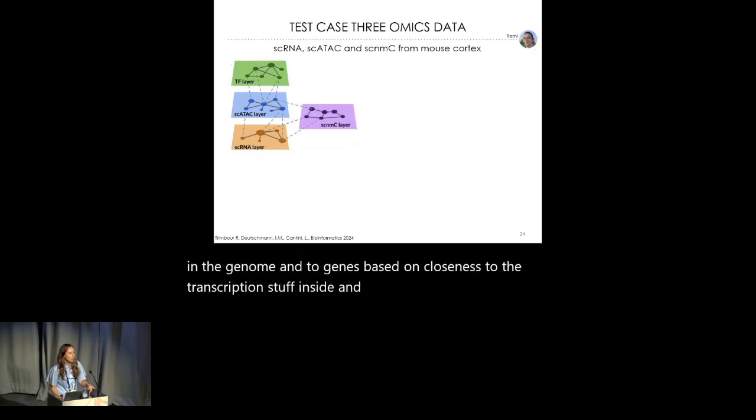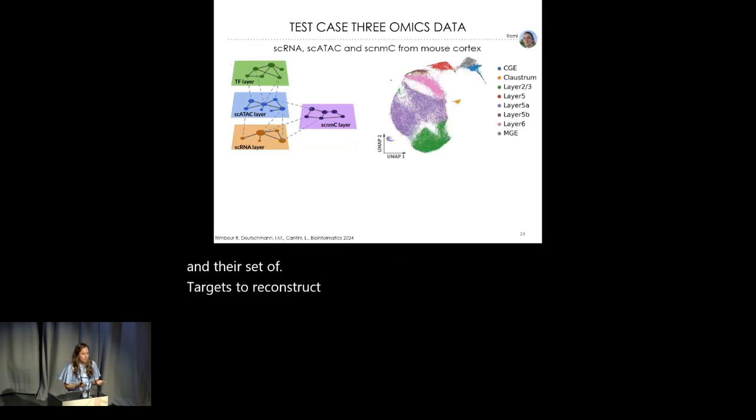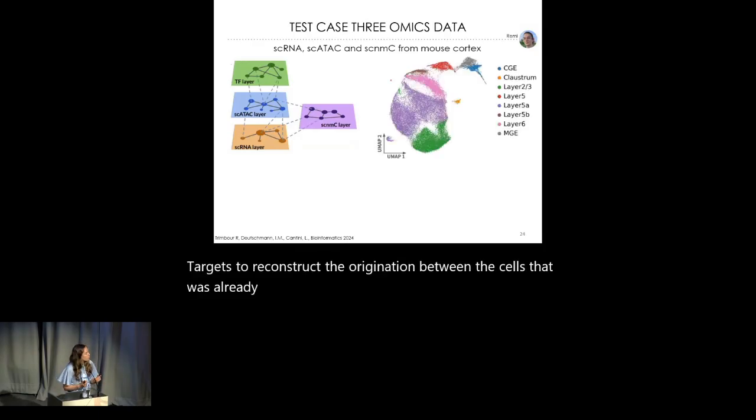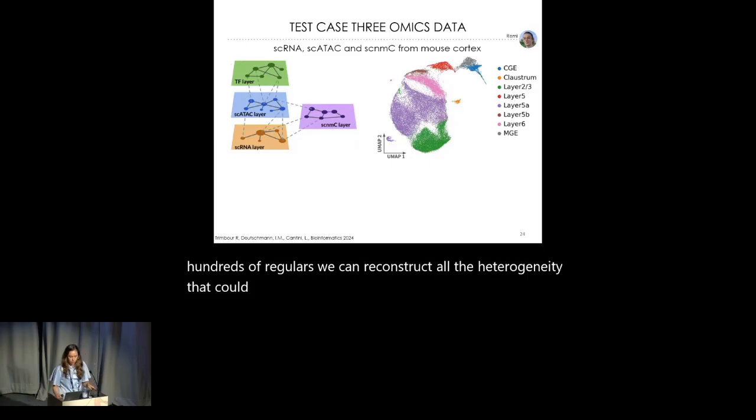And then we use the regulons obtained by this network, meaning the transcription factors and their sets of predicted targets, to reconstruct the heterogeneity between the cells that was already observed at single-cell resolution. So using hundreds of regulons, we can reconstruct all the heterogeneity that could be observed from the use of 20,000 genes in normal single-cell RNA-seq data.